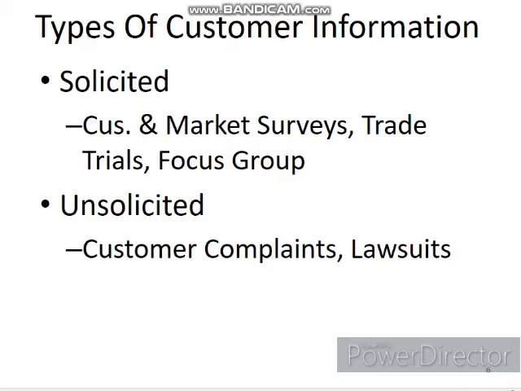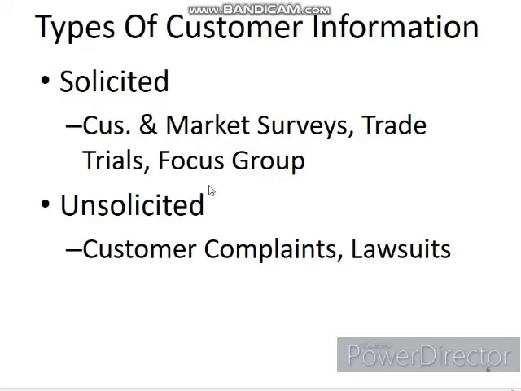Unsolicited is the information that you are not actively seeking from the customer, but you can get from available sources. So examples of solicited customer information, you can get customer and market surveys.